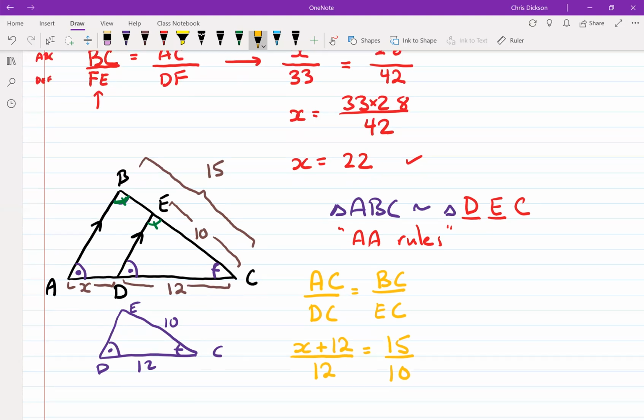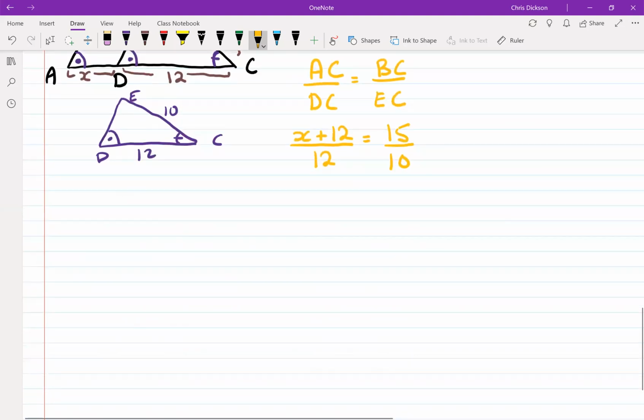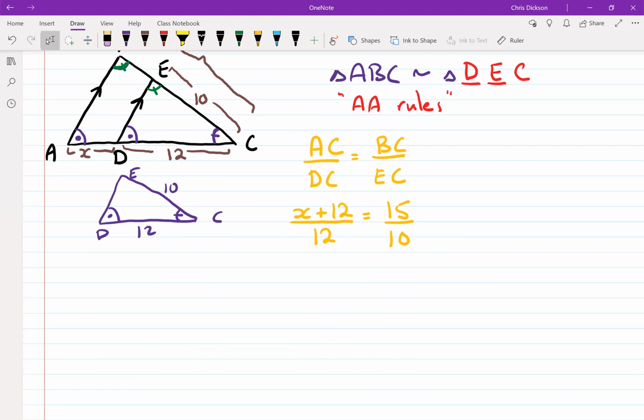Okay, so we're almost done here. Let's cross multiply. Let's bring the 12 up here, so I'm going to times both sides by 12. Put that in brackets. When I do that, the 12s cancel, and now I have 15 times 12 over 10, and I'm going to bring that down now.